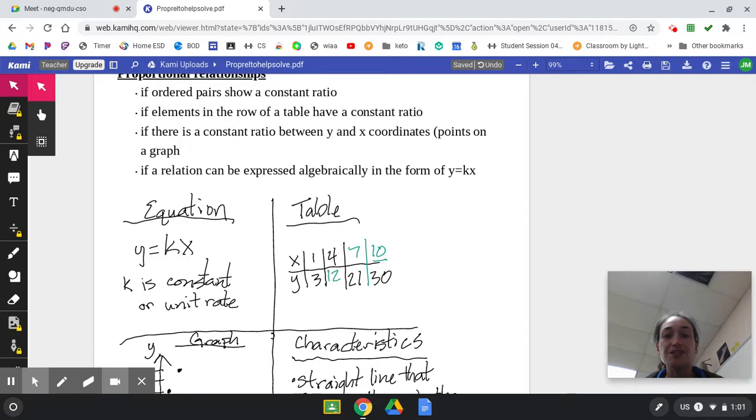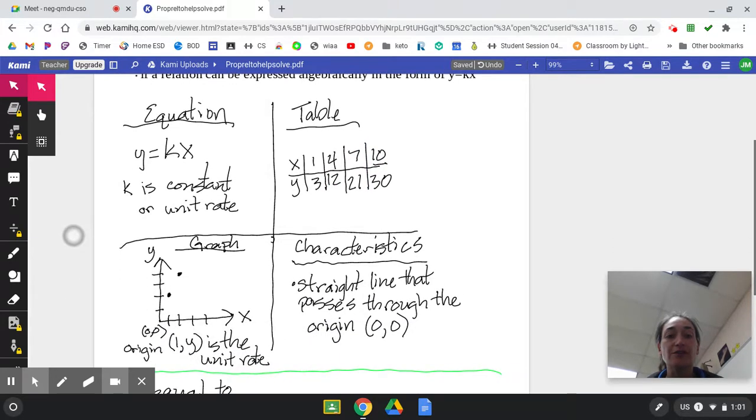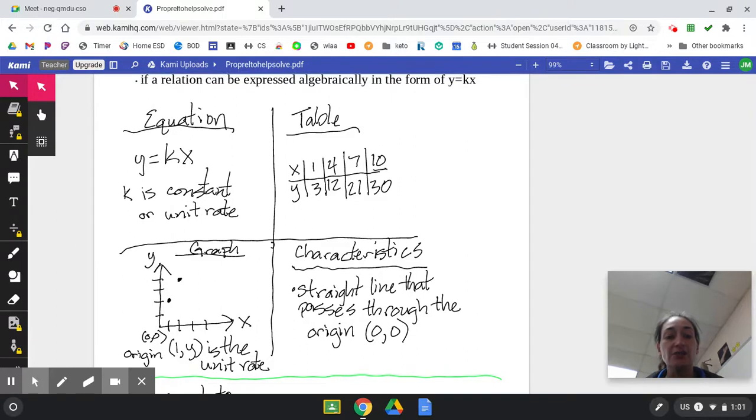There is a constant ratio between X and Y coordinates or points on a graph. So if you're down below, you're looking at the graph, you will notice that Y is going up, X is going across. You always label X first, just like alphabetically, X then Y. So if 1 on the X-axis meets up with Y on the Y-axis, that is the unit rate.